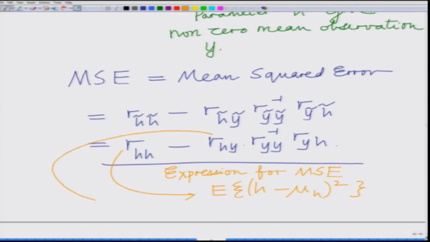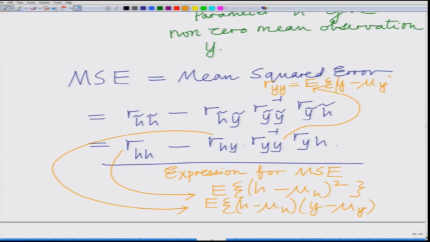R H Y is the covariance, that is expected value of h minus mu h into y minus mu y, and similarly R Y Y equals expected value of y minus mu y whole square. All right. So, just remember this change in definitions for the non-zero mean scenario.